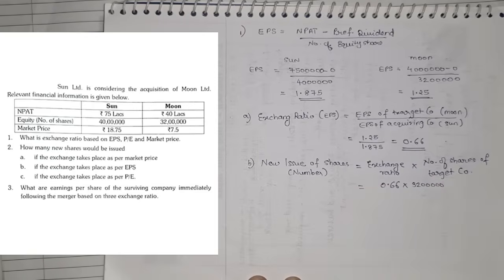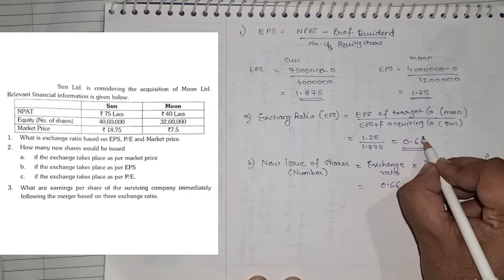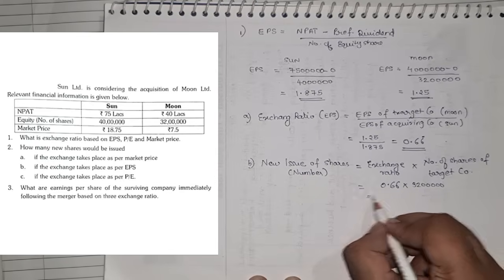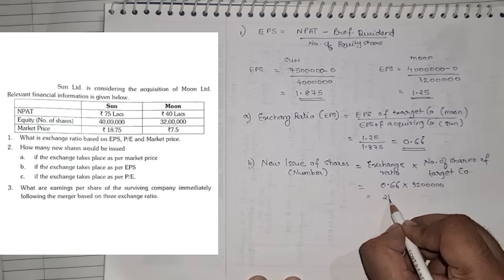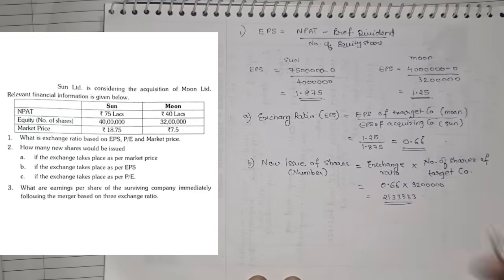If we multiply 0.66 into 32 lakhs, now remember this was 0.666, it was constant, so we will take 32 lakhs into 0.6666 till the end of the calculator, and then press the equal to sign and we should get the value as 21 lakh 33,333. That's the new number of shares that has to be issued.